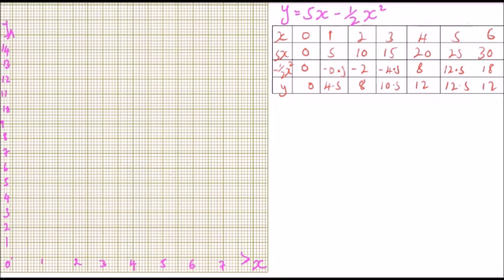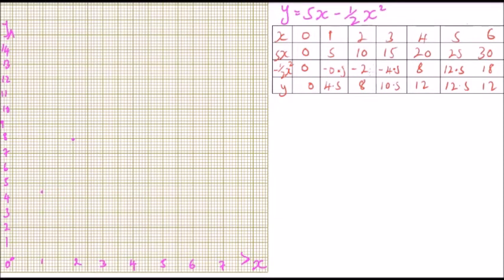And from the table, when x is 0, y is 0. So I'll have my point there. When x is 1, y is 4.5, so I'll put it there. When x is 2, y is 8. So 8 is there.